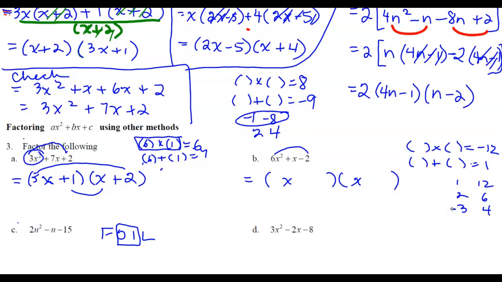Okay. So now my outside and my inside have to multiply to negative 3 and 4. Saying that, I have to have a product here that multiplies to 6. Is there either of these that has a factor of 6?